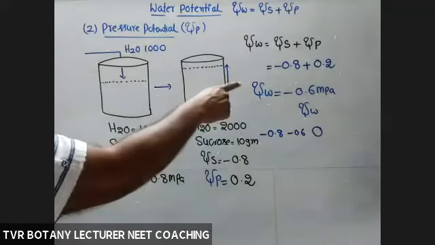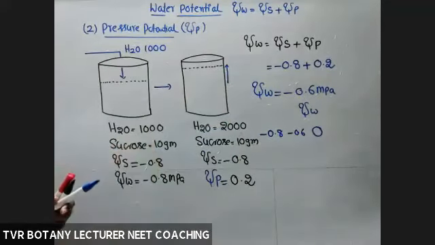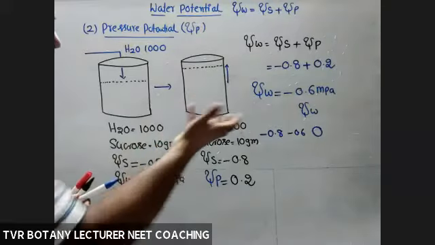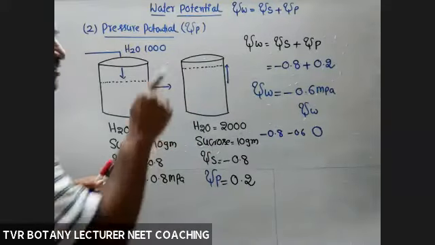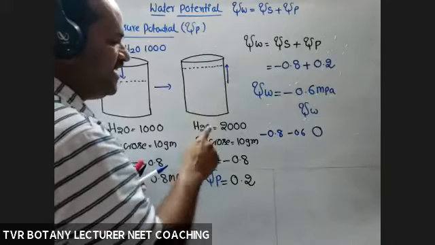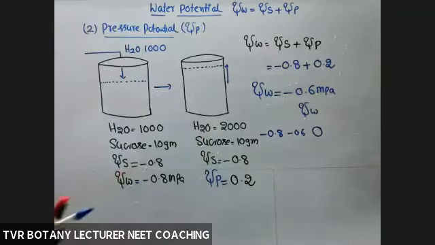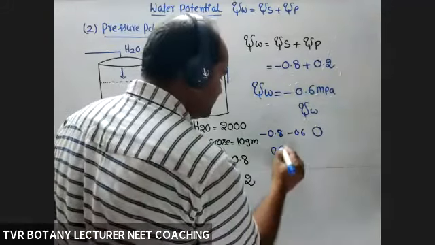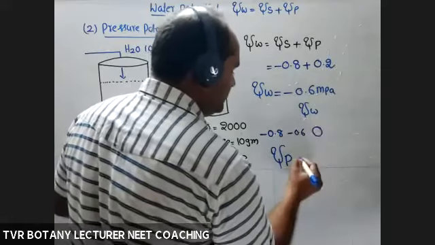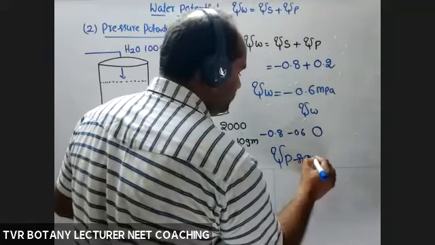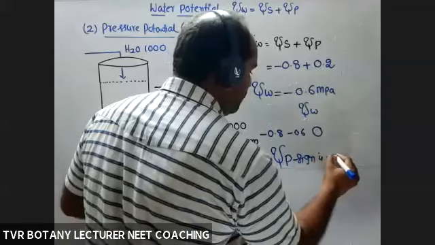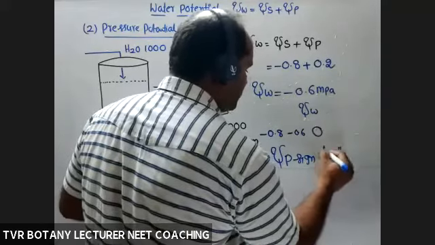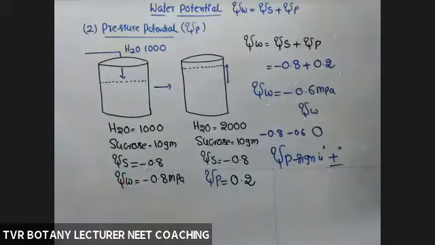So here, negative value of psi W declined or not? Now, what about the water potential value? More. So here, psi P is able to increase water potential value. So that's why usually psi P sign is positive, generally positive. Reason, it is able to increase psi W value.